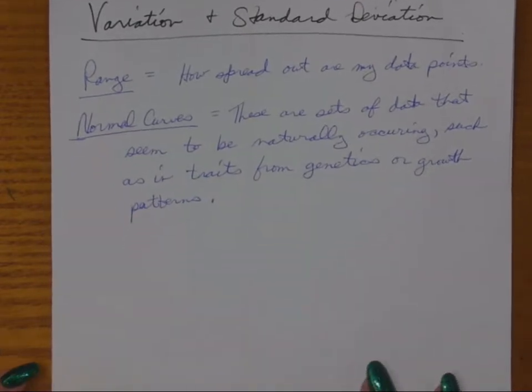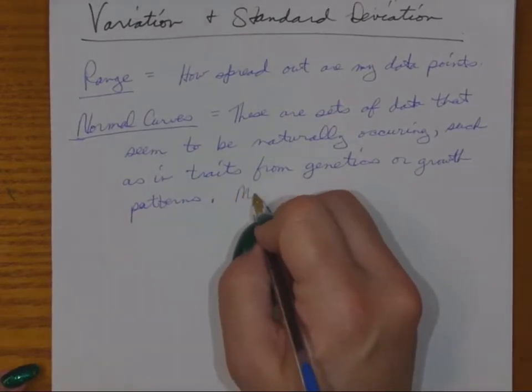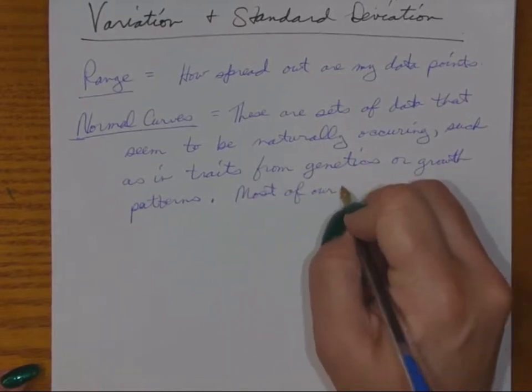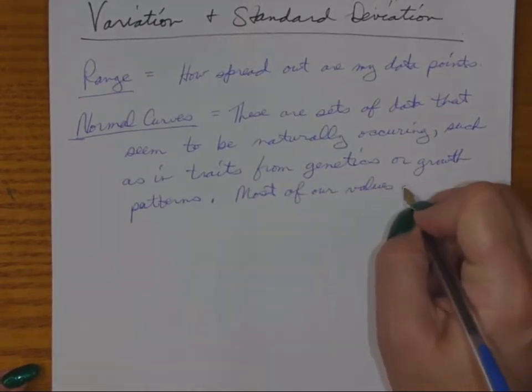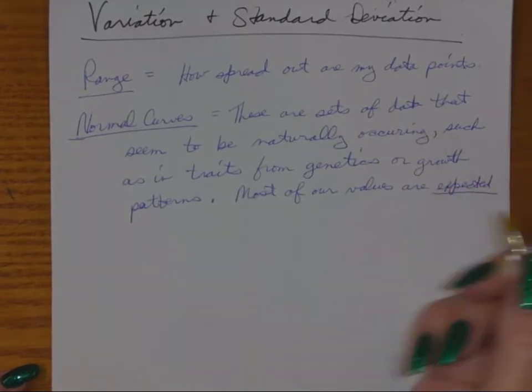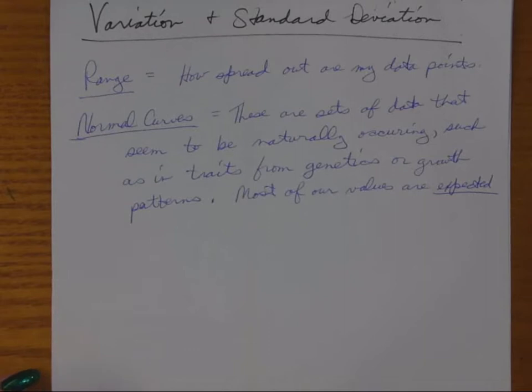Okay, what happens here is most of our values are expected. And that word expected, I highlighted it last time, and I'll continue to highlight it because we're going to have something called expected value soon.